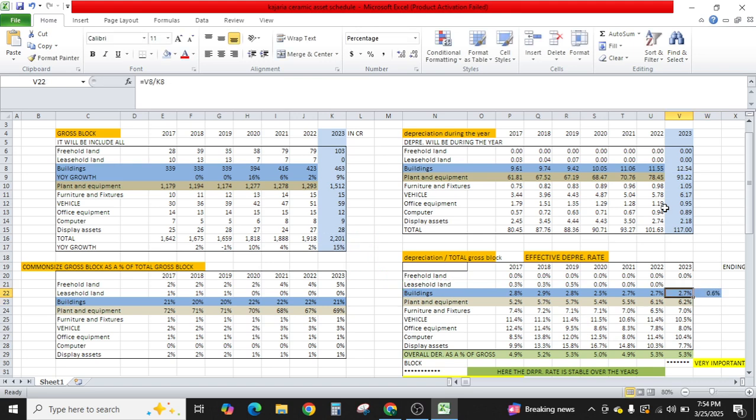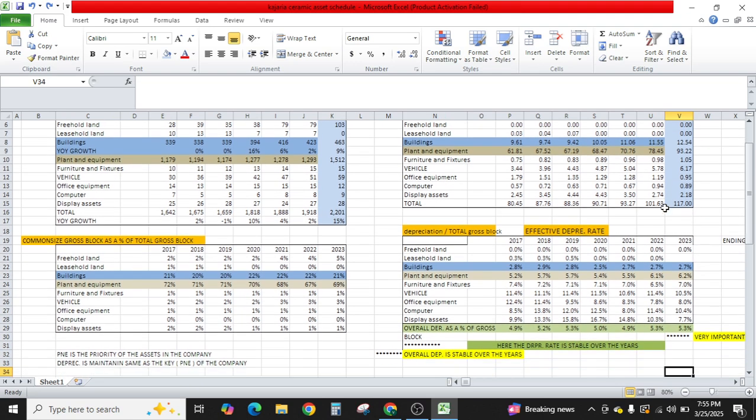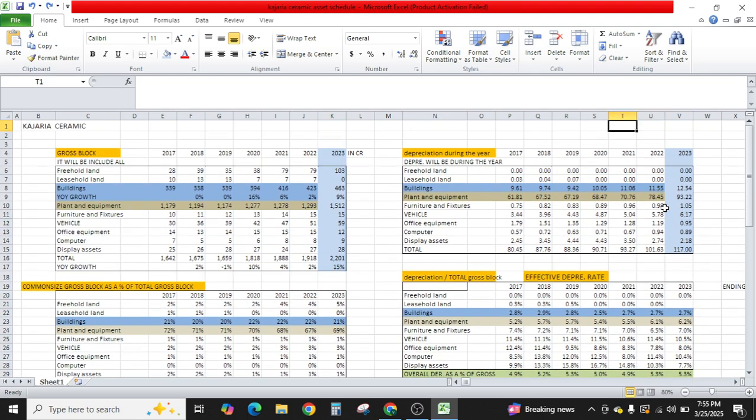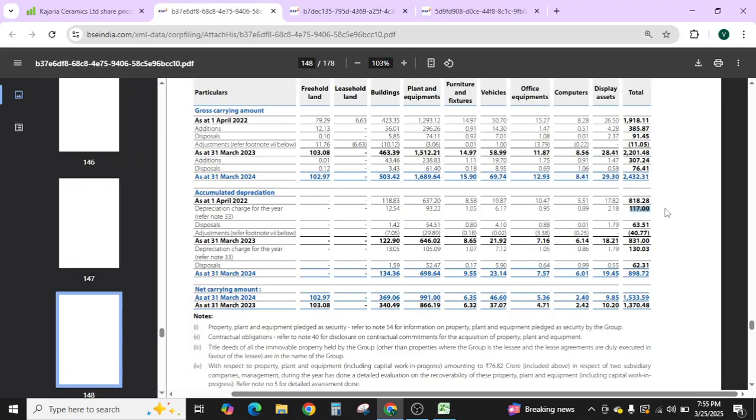It will be less because the denominator will be more. So let's ignore this. So these two analyses we can do for line items like gross block and depreciation.